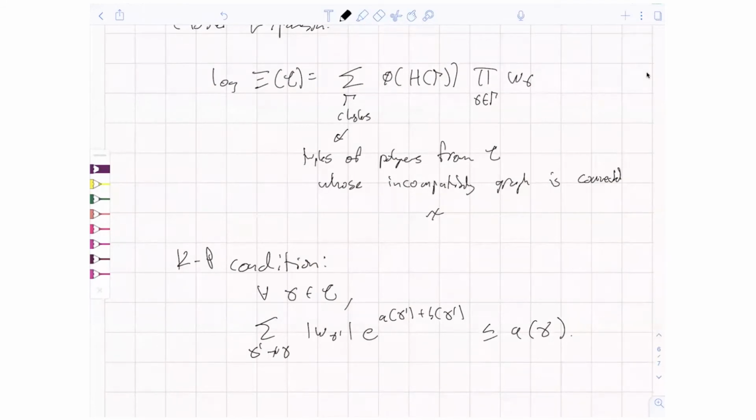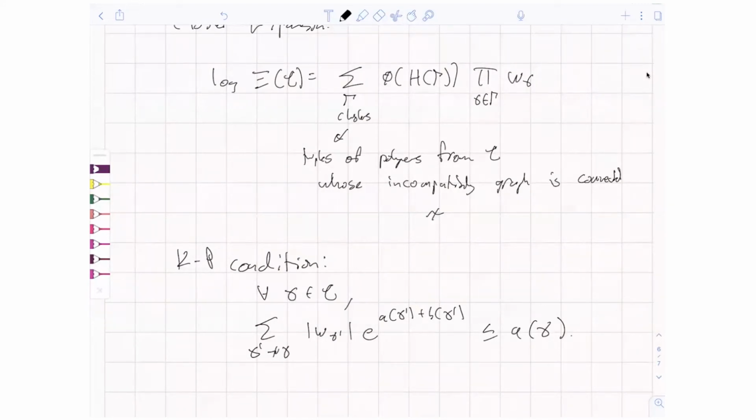All I'm saying is that because we can interpret this abstract polymer model as a multivariate hardcore model with weights as activities, and the underlying graph is this incompatibility graph, then everything we did with this multivariate hardcore model and cluster expansion just translates immediately. Okay, I'm just rewriting. I haven't written anything new. I've just replaced lambdas by w's and v's by gammas.